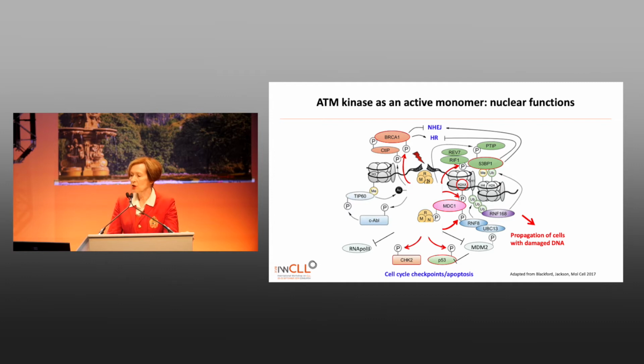By phosphorylation of a protein called 53BP1, ATM has the ability to channel repair to non-homologous end joining, and by its ability to phosphorylate the BRCA1 protein, ATM facilitates homologous recombination repair, which operates in S phase of the cell cycle.